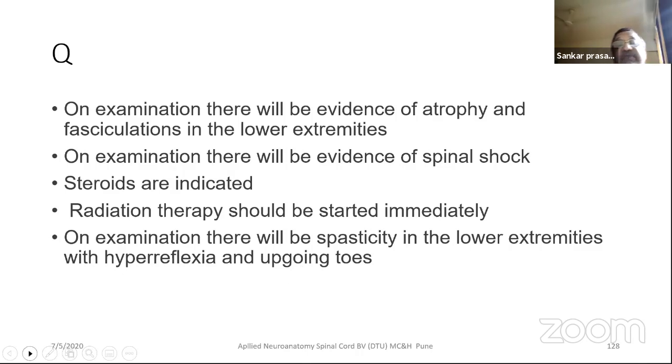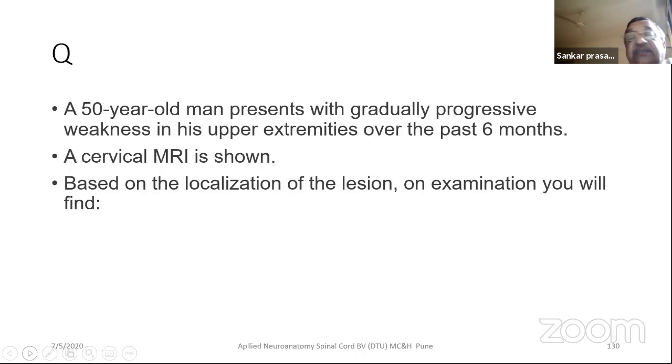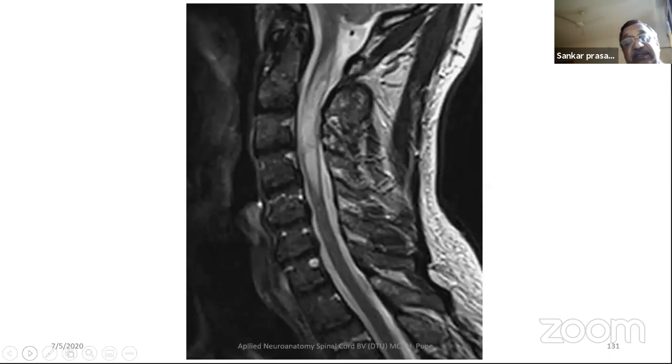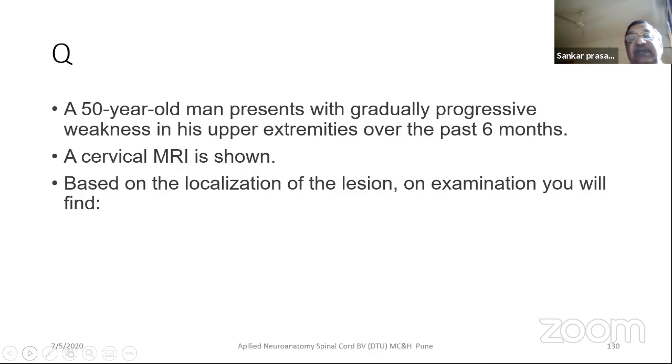Okay. A 50-year-old man presents with gradually progressive weakness in the upper extremities over the past 6 months. Cervical MRI is shown. Based on the localization of the lesion on examination, what will you find? So this is the MRI. So what do you expect on the examination? He's got only progressive weakness in the upper extremities.